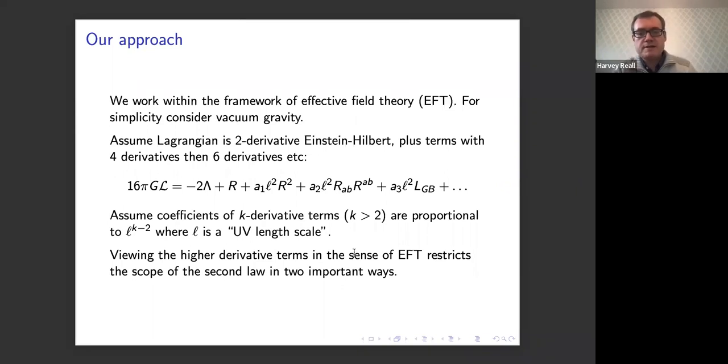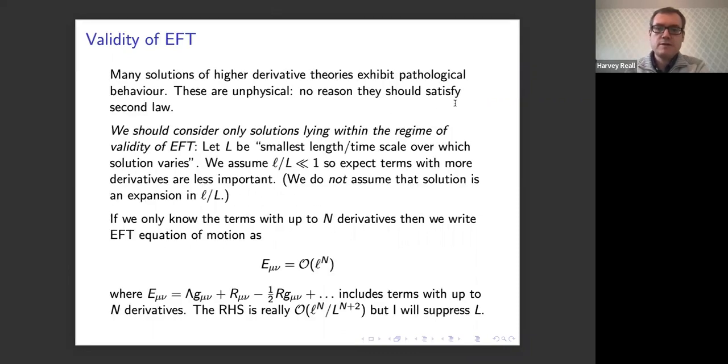Viewing high derivative terms in the sense of effective field theory restricts the scope of the second law in 2 important ways that I'll now describe. The first thing is that when you look at theories with high derivatives, if we truncate this high derivative Lagrangian to some order in derivatives, then we'll have a high derivative theory.